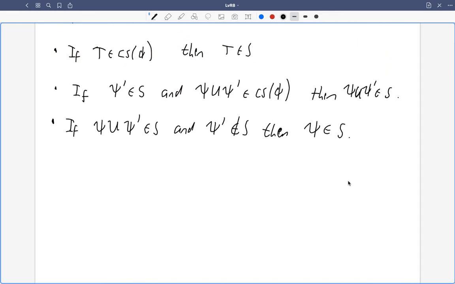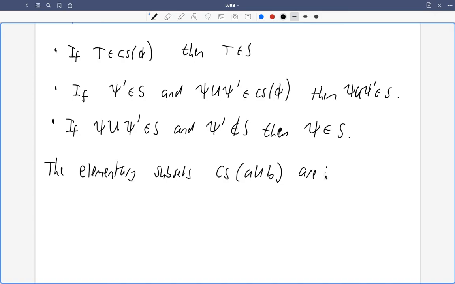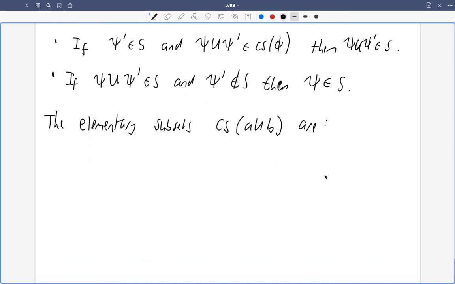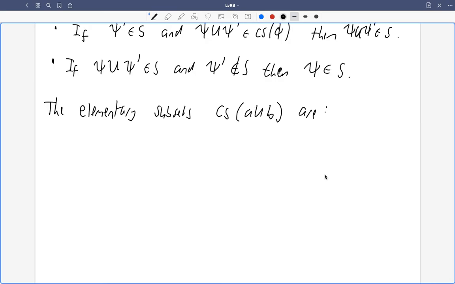Again, if we look at the elementary subsets of the set of subformulas of A until B, we can just enumerate what they are.